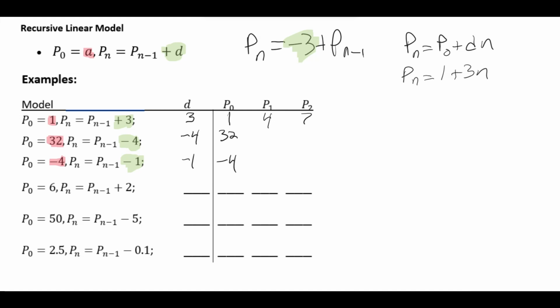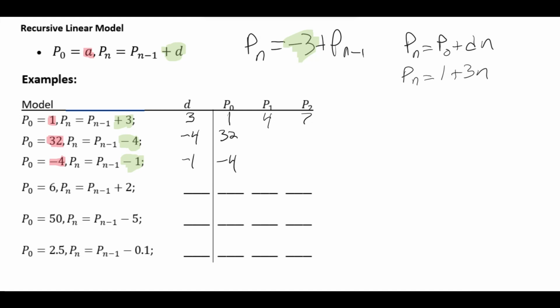However, we don't want to rely on that necessarily, because when we get to other types of recursive models, there won't be as nice of, or even any, explicit model to convert to. So let's practice the other way.